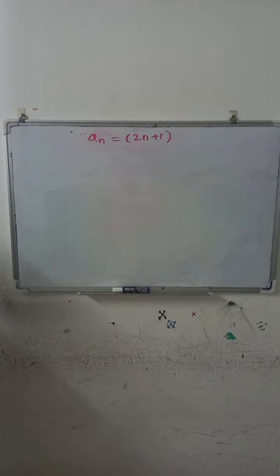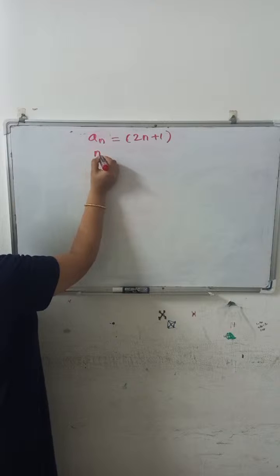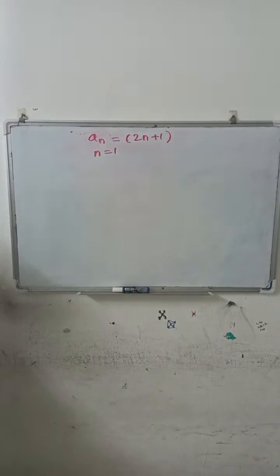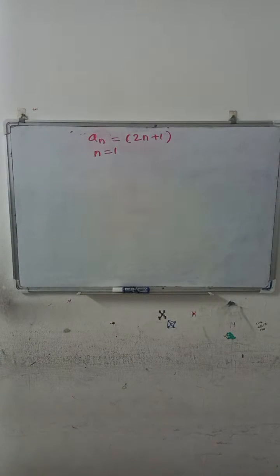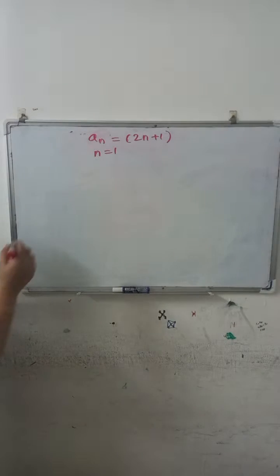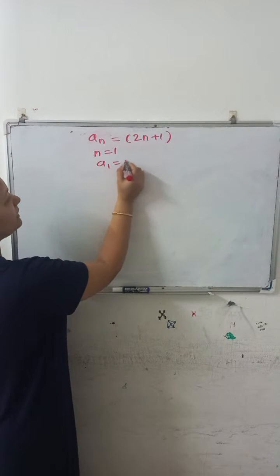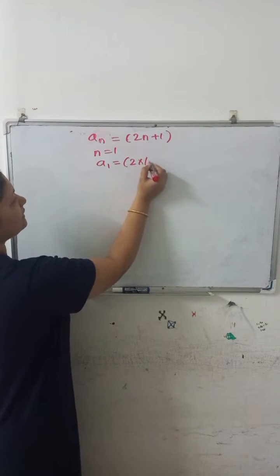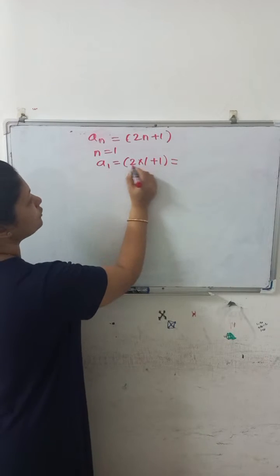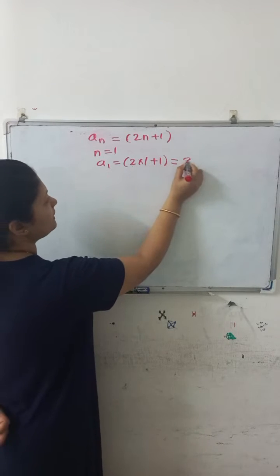We have to calculate the sum of the first three terms. Now calculate: if n is equal to 1, then the first term is 2 into 1, which is 2, plus 1 is 3.